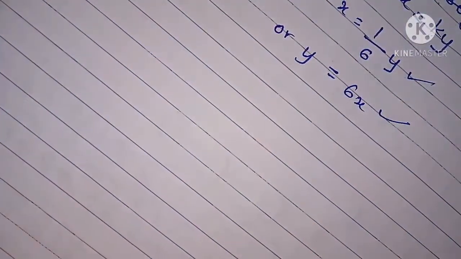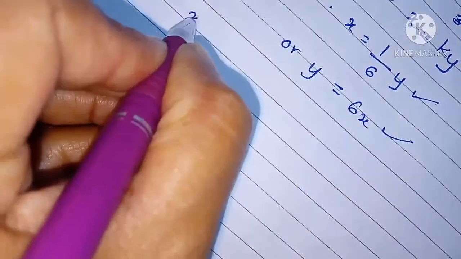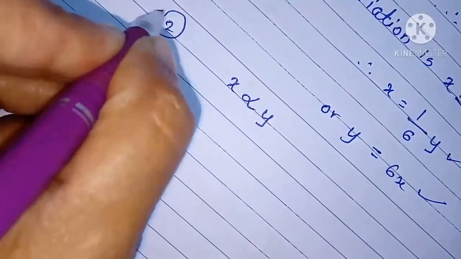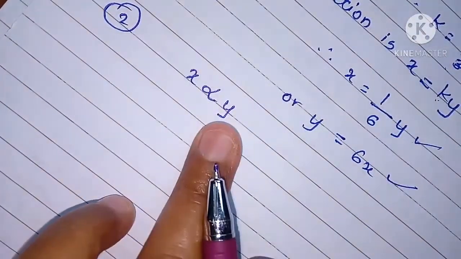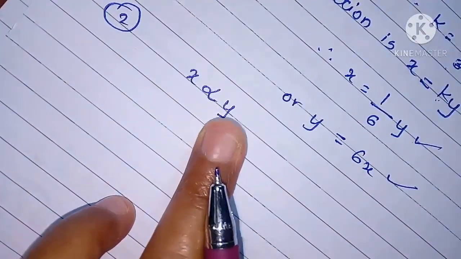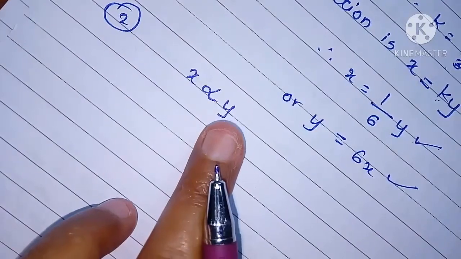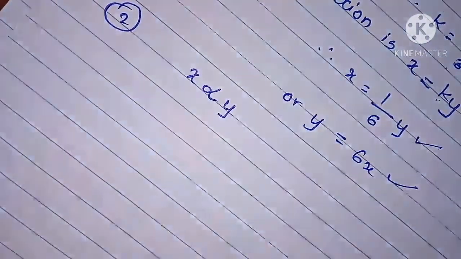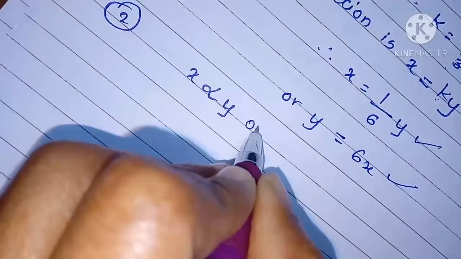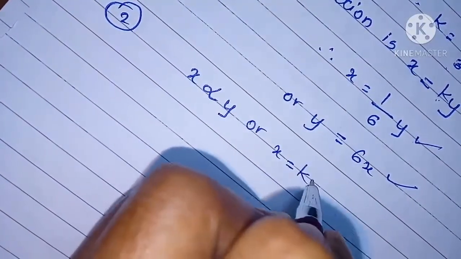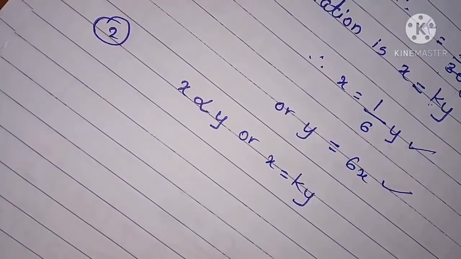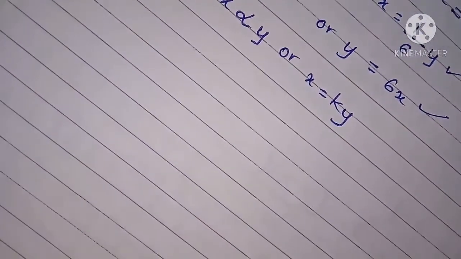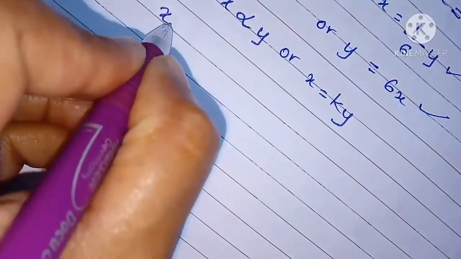It is given that x varies directly as y. So there is direct proportion between x and y. Therefore we say that x is equal to ky.